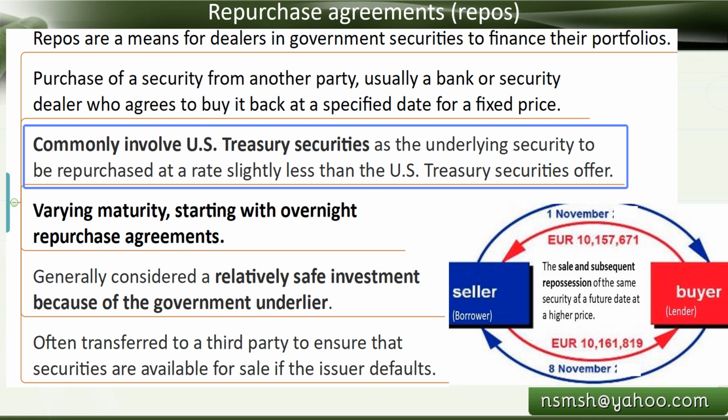So it can be various types of maturity arrangement depending on the loan requirement by the borrower, who is called the seller. Generally considered a relatively safe investment because of the government underlier. The securities traded are government securities, often transferred to a third party to ensure that securities are available for sale if the issuer defaults.